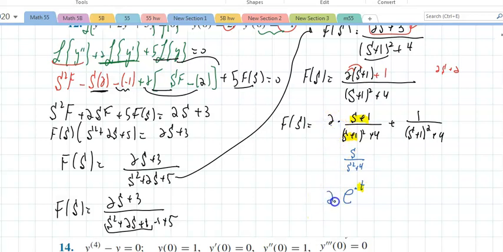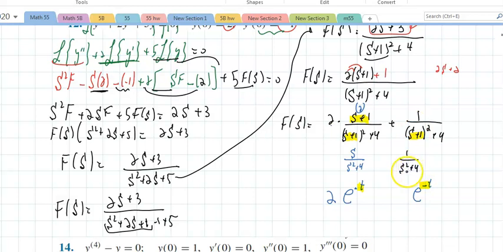There is a 2 in the front, so this is by 2. And by 2, this is going to be e to the negative t. That will take care of that shift as well. And that's going to make this 1 over s squared plus 4.